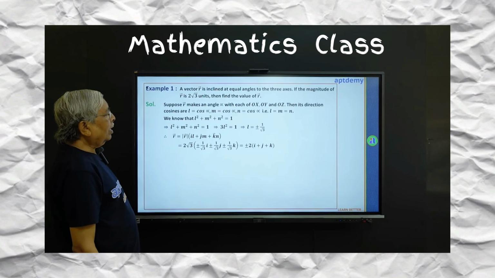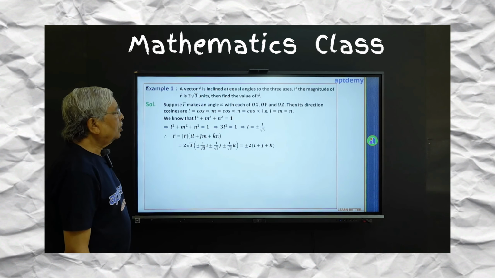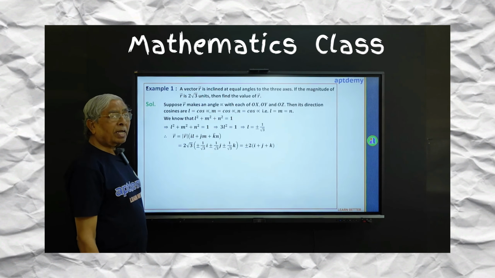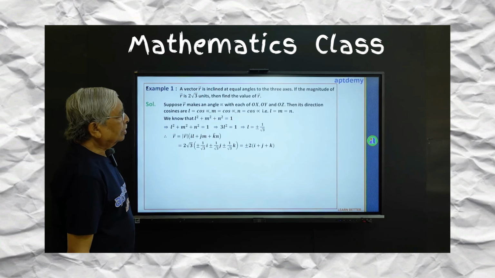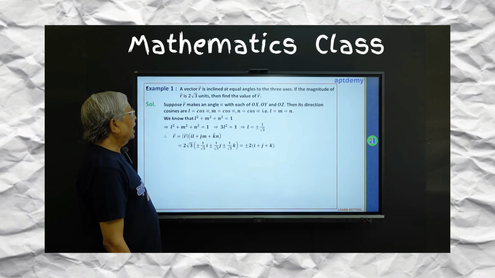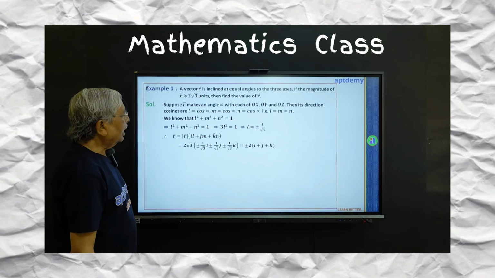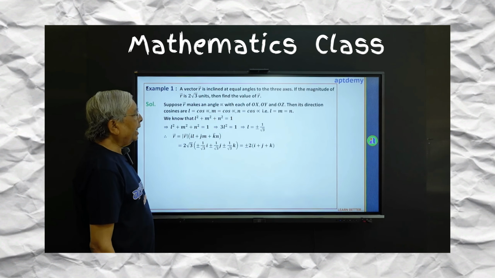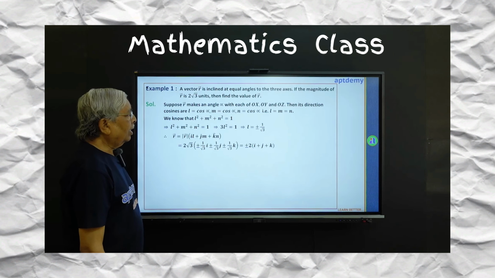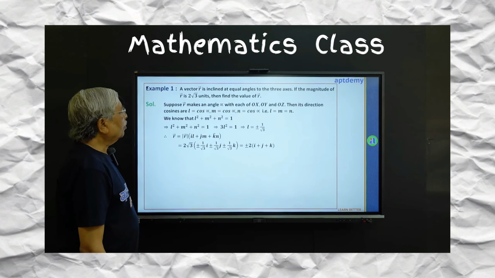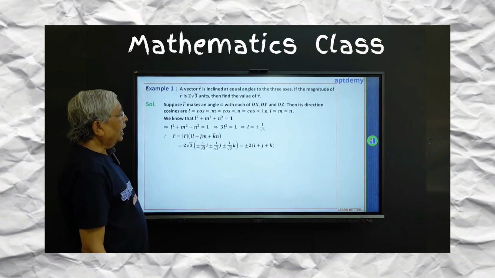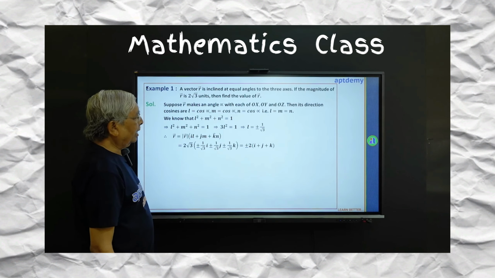So if alpha is the angle it made with the x-axis, y-axis and z-axis, then we can write its direction cosines as L is equal to cos alpha, M is equal to cos alpha and N is also equal to cos alpha, because the three angles are equal. So from this we can write L equal to M equal to N.